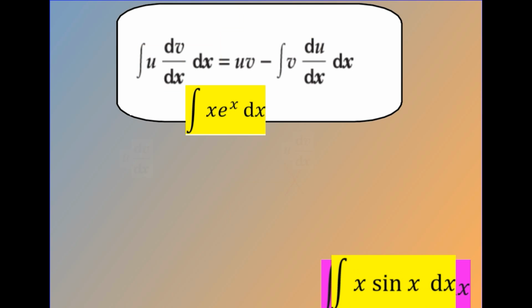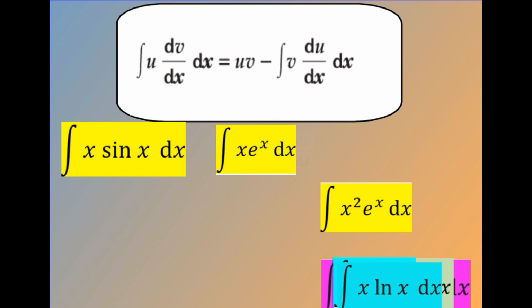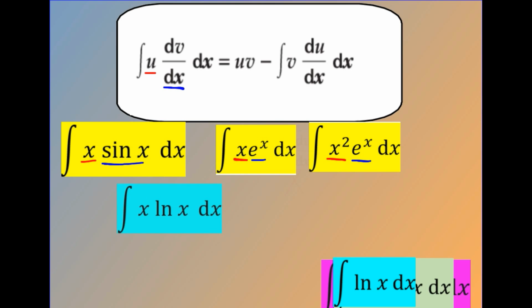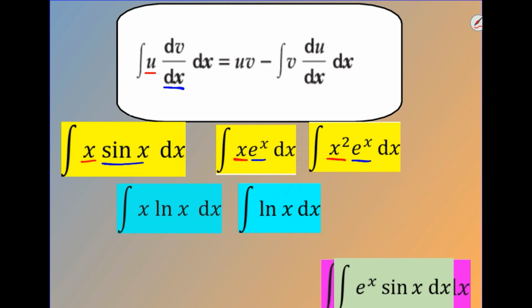So let's go back to the ones which you can integrate. The yellow ones, x multiplied by a trig or exponential function. You always set it up by having the u as the x or the x squared, and the dv by dx as the trig or the exponential function. Here we have the blue functions.